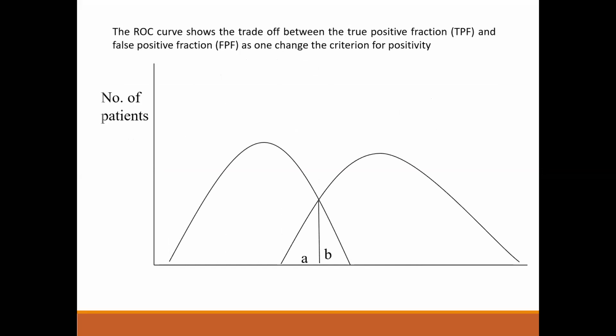Suppose we have the number of patients who are normal, and this is disease. We want to find an optimal cutoff that can discriminate between those who are normal and abnormal. There will be false negatives and false positives. So we want to find an optimum cutoff or a trade-off between these two things.